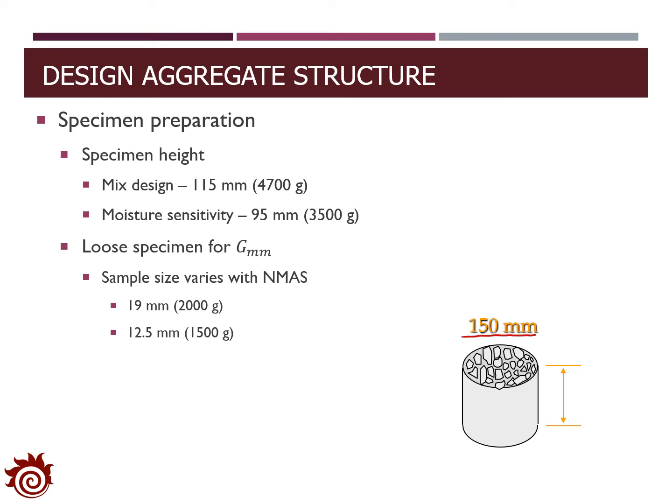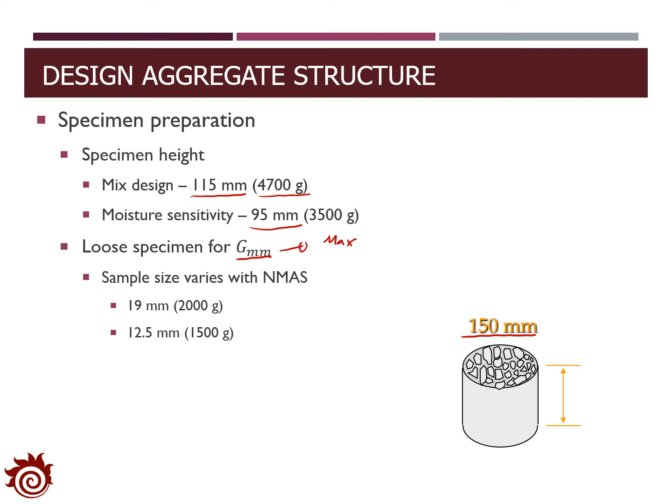If we are conducting the mix design, then the height should be selected around 115 millimeters with a weight of 4.7 kilograms. If we are conducting a moisture sensitivity analysis, then the height is 95 millimeters with the weight of 3.5 kilograms.